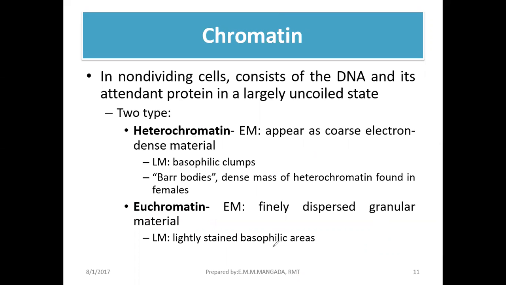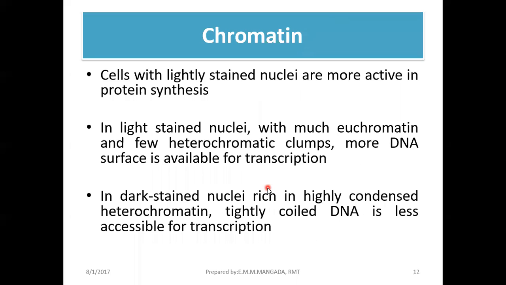So, they are very busy doing all of this function. And of course, these active cells have as the predominant type of chromatin the euchromatin type. So that's for your heterochromatin and your euchromatin.